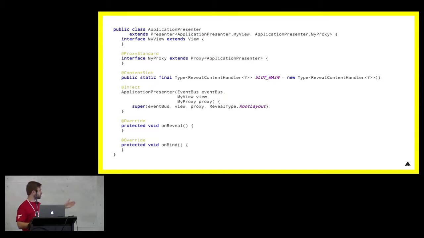And then you have the usual lifecycle functions: on reveal, on bind, on hide, on reset, and prepare from request. I'm not going into all the details of this, but it is really important to understand what it does, and I will come back a little later to the lifecycle events, what they do, when they are called and why.